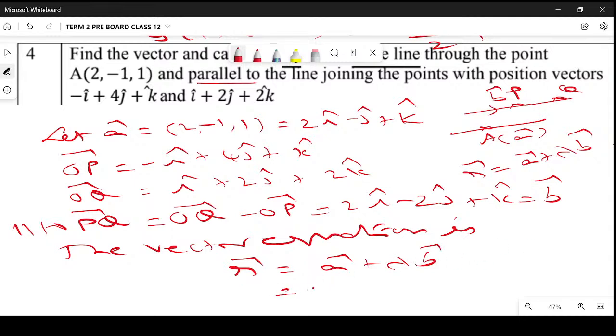A bar we know is 2 i cap minus j cap plus k cap, plus lambda into B bar, we have 2 i cap minus 2 j cap plus k cap. So that will be the required one.